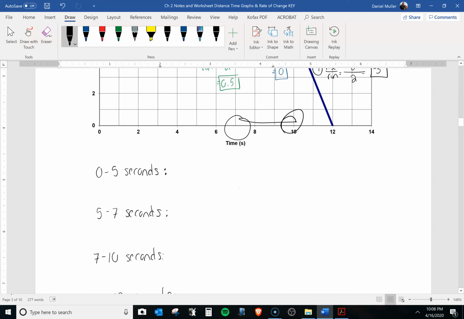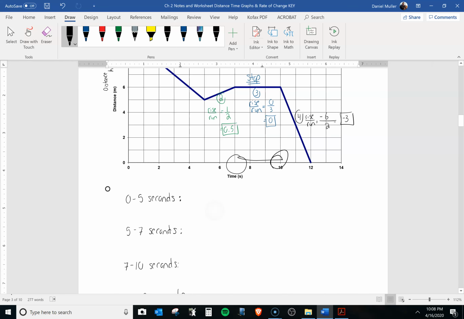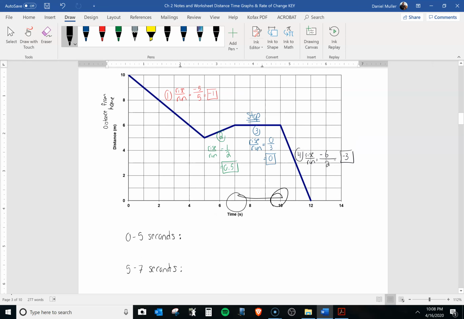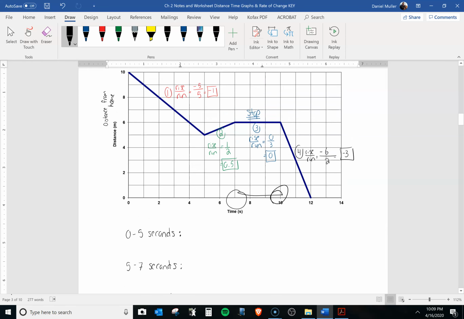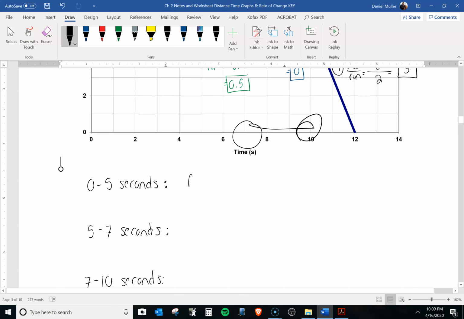In the first section, it looks like my distance from home is 10 meters. So we travel from 10 meters away from home, and then at the end, we're 5 meters away from home. So I would say that for the first 5 seconds, I'm moving towards my home.